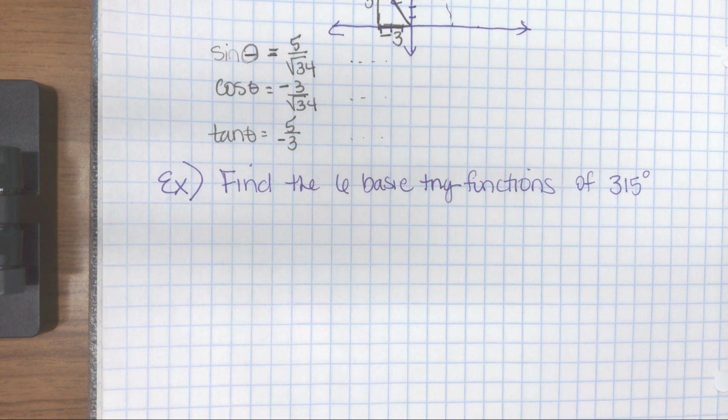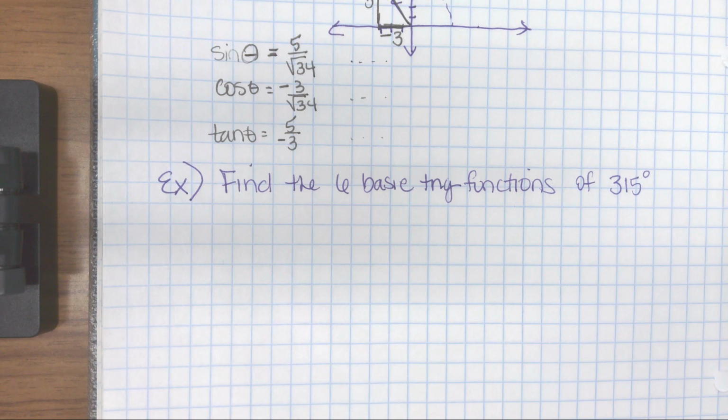Okay. In a 30-60-90 triangle, we call the shortest piece 1, the hypotenuse is 2, and the longer piece root 3. Okay, in a minute, we're going to make that reference triangle for 315. Well, not the second one, the first one.